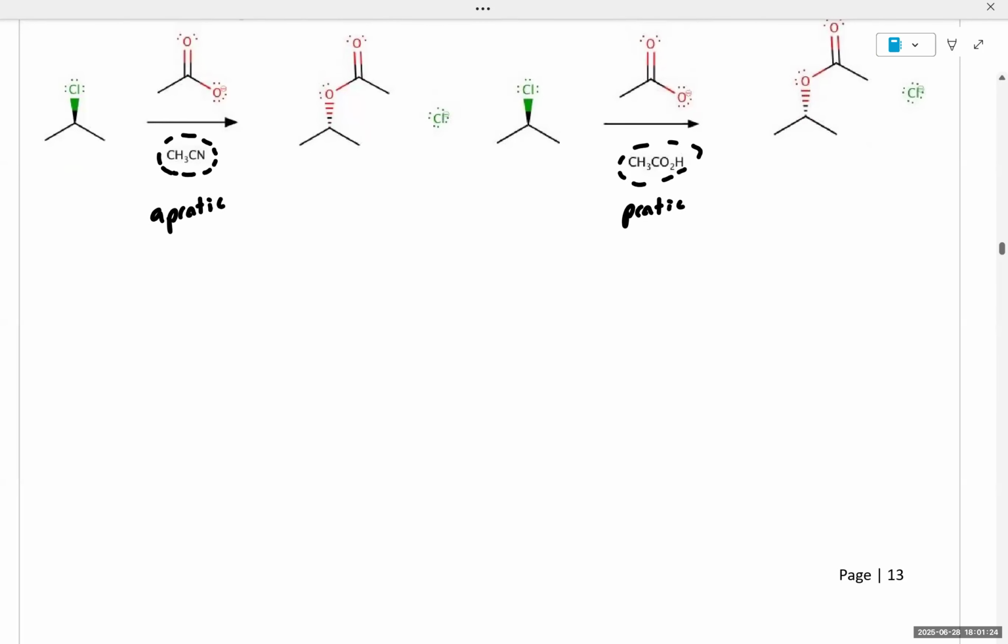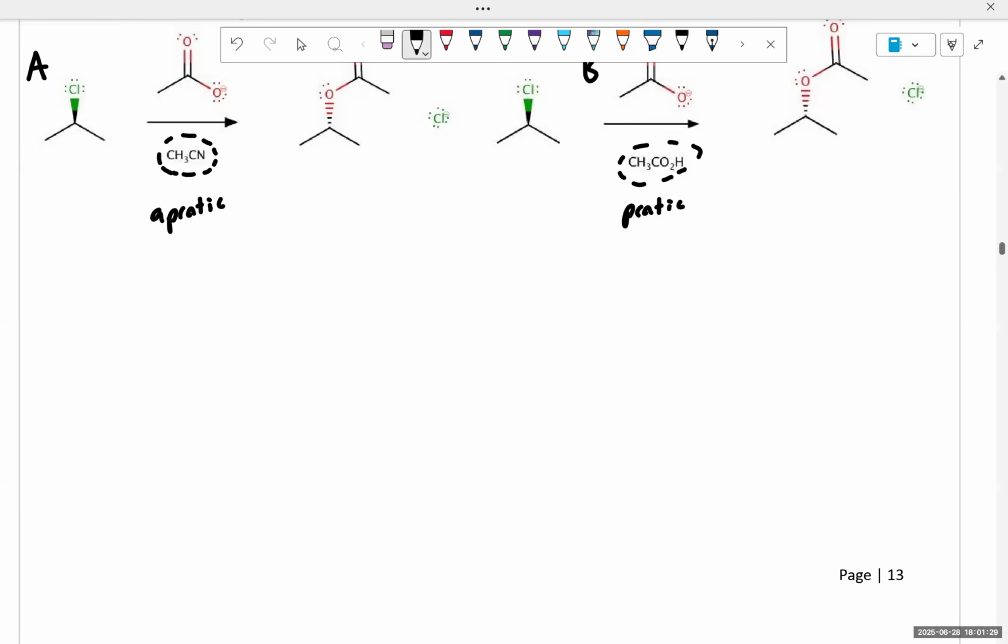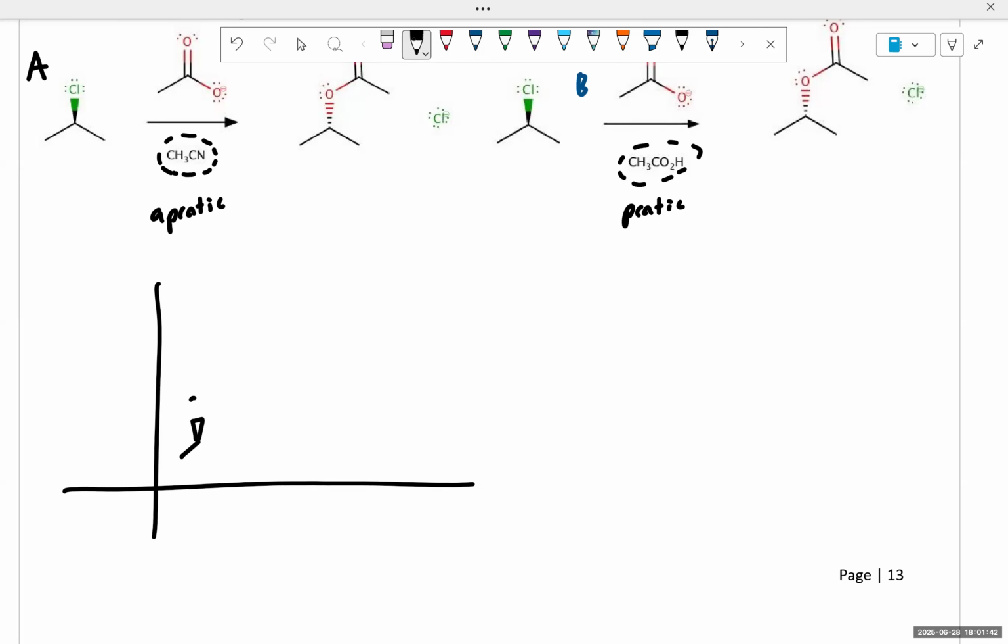Okay, so first and foremost, I'm going to label these reactions A and B. Let's use some different colors for that. So in reaction A, we're going to have our reactants. If we think about our reactant energy, because we have an aprotic solvent, we're going to have a relatively high energy nucleophile.